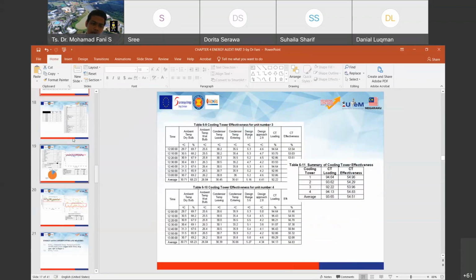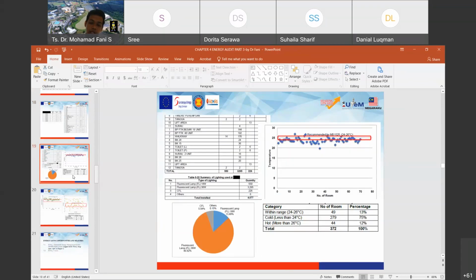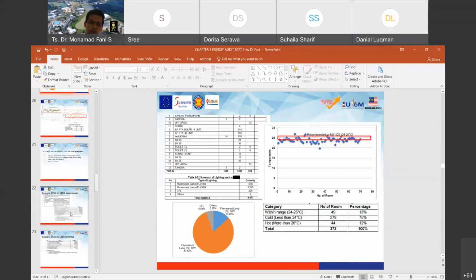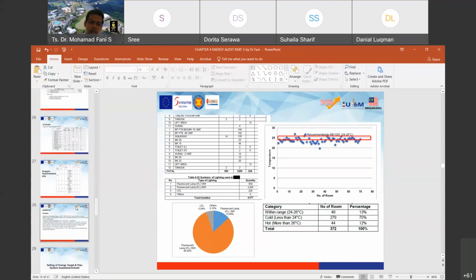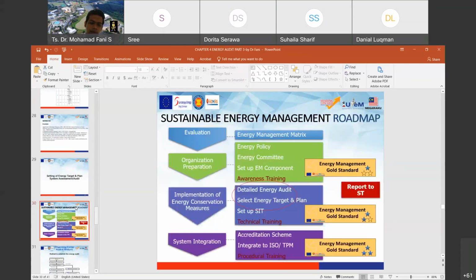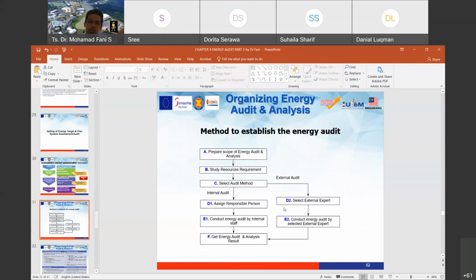But for the energy audit, as energy manager, you also need to know how to write an energy audit report, and also to set or monitor the process of energy audit, to find the right time to do the energy audit. So this is the guideline or method to establish the energy audit.